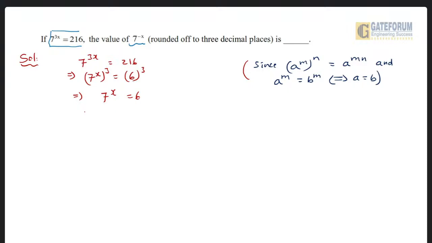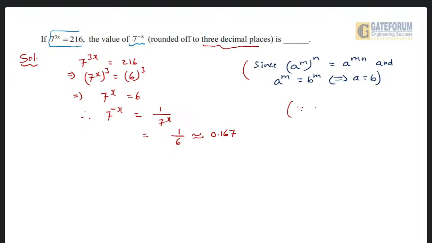They are asking 7 power minus x, taking reciprocal on both sides of the third step, or you can write this is 1 by 7 power x, which is nothing but 1 by 6. Approximately this is 0.1, 4 is the remainder, 6 again, 0.167 rounded off to 3 decimal places asked.